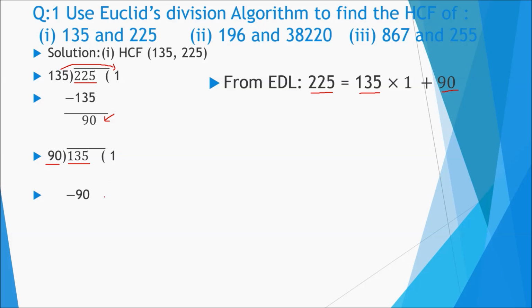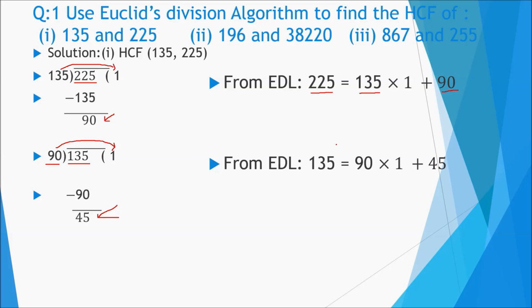So as we know, 90 ones are 90. We get 45 as remainder. Again we will apply EDL here. So EDL says that this 135 is equal to 90 multiplied by 1 plus 45.